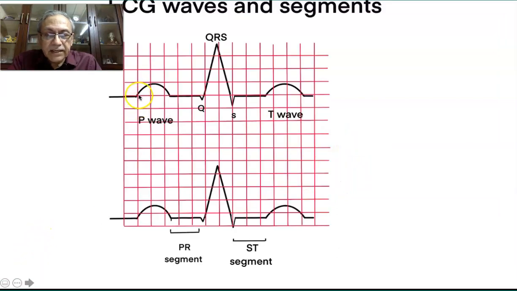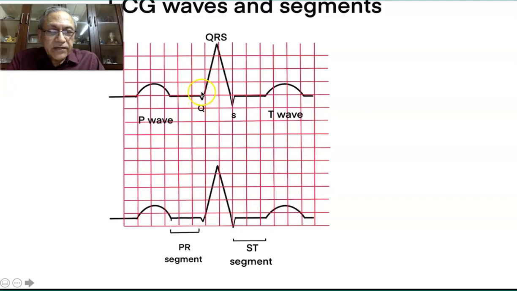The electrical activation of the atrium produces a wave which is known as the P wave. The first half is produced by the right atrium and then the second half is produced by the electrical activity of the left atrium. And then there is an isoelectric line followed by a QRS complex.